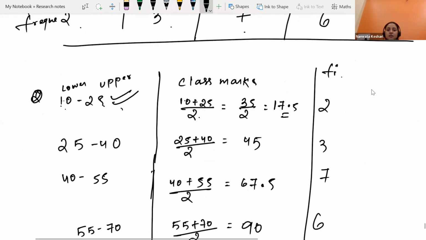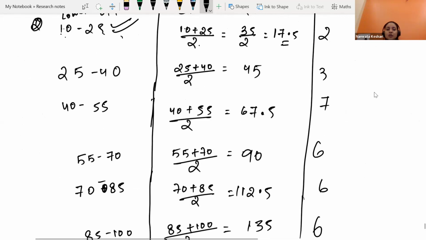Ma'am, I got different values for the class mark. Okay, what did you get? Please tell me. After 17.5, I got 32.5, 47.5, 62.5, 77.5, 92.5. Okay, all are different. That means I did it wrong. Thank you for confirming. Let me check. Yes, it will be 32.5.